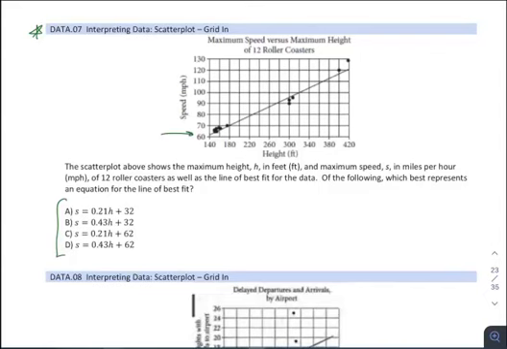Notice right here, the point where this graph intersects the left edge of the coordinates is approximately 62, right? So can that be the y-intercept if the x's aren't 0, they're 140? No. So you know for sure that C and D can't work, right?